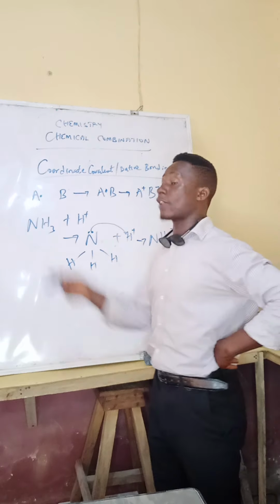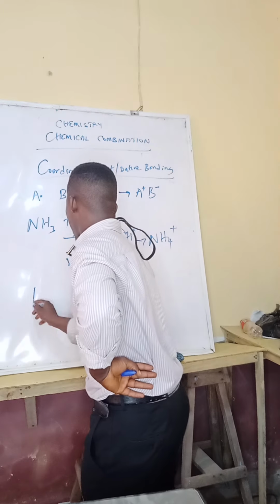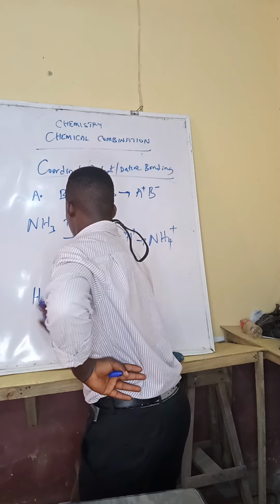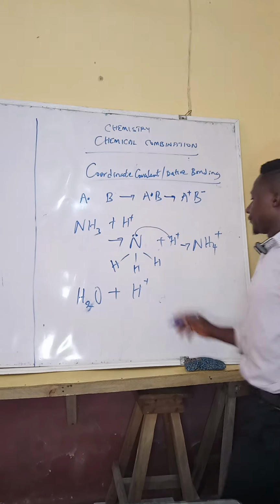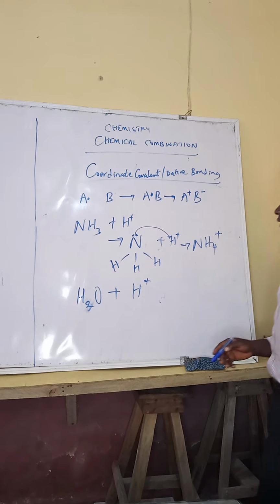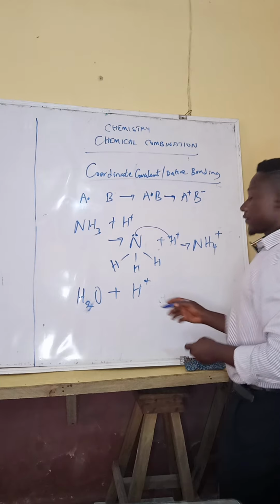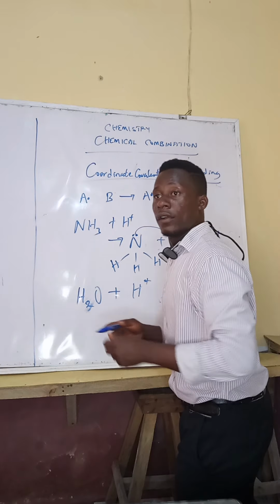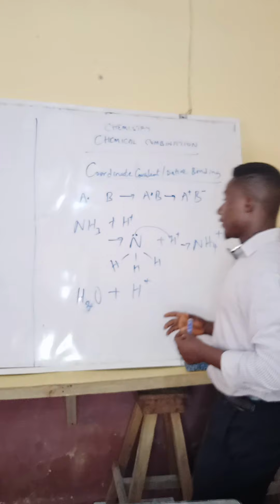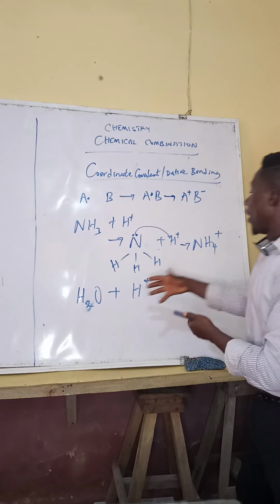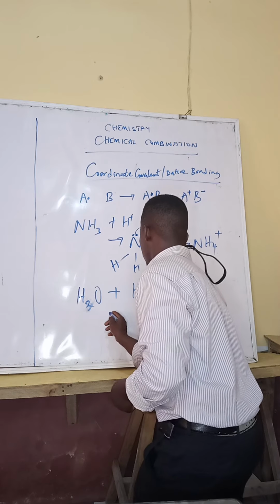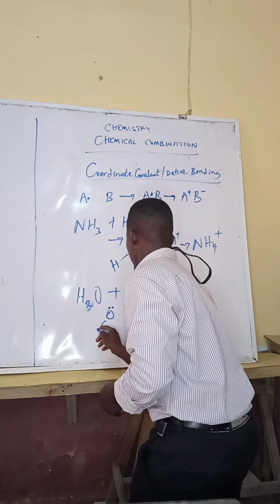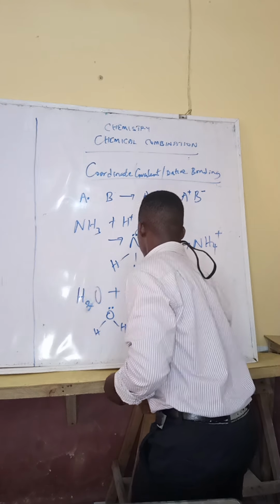Another example is that of water that we did. When you have water, H2O, with an acid again, in this case, the oxygen here also has a lone pair, as we have seen the other time, where you have a lone pair here and here.